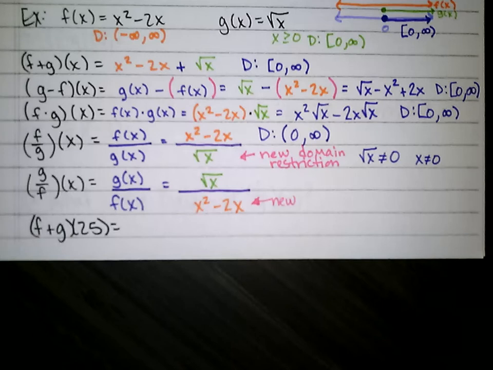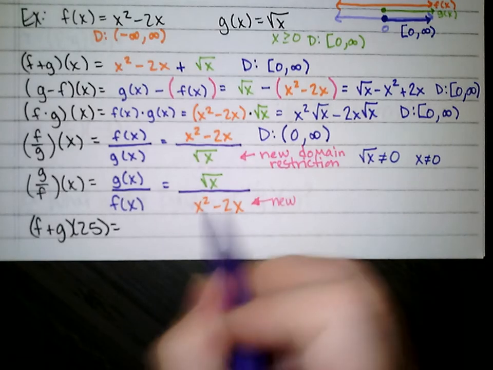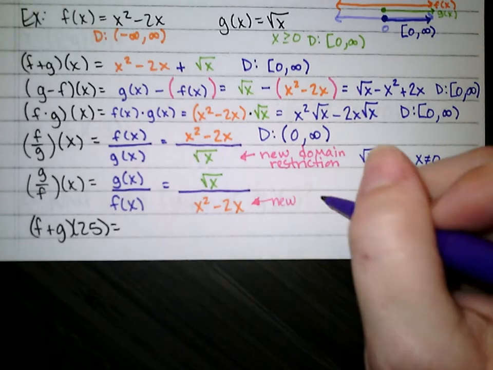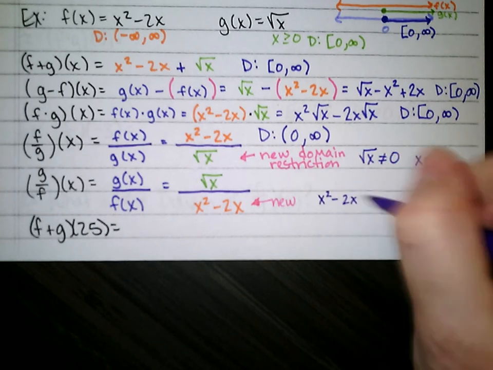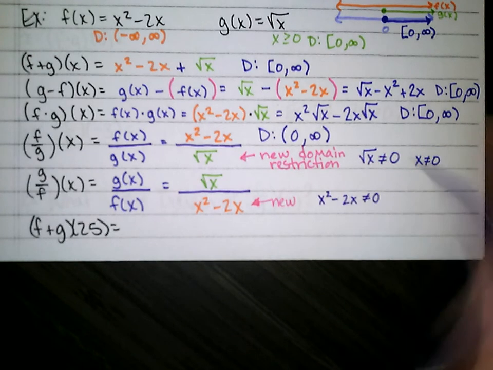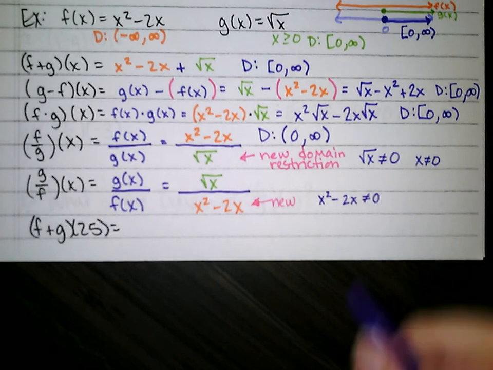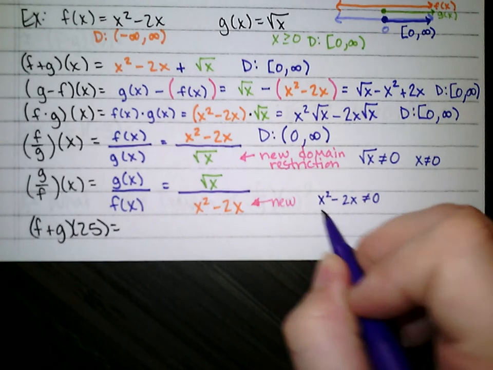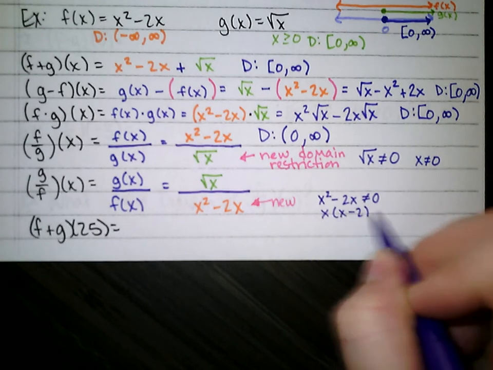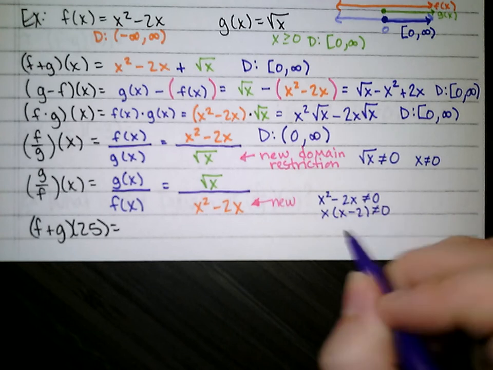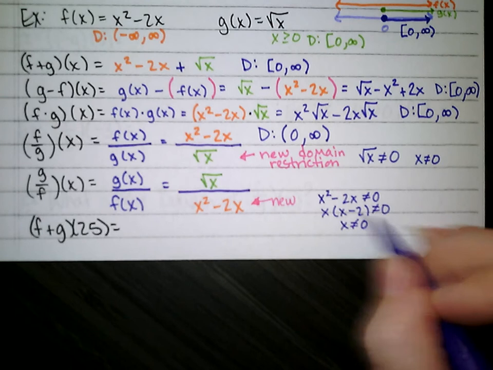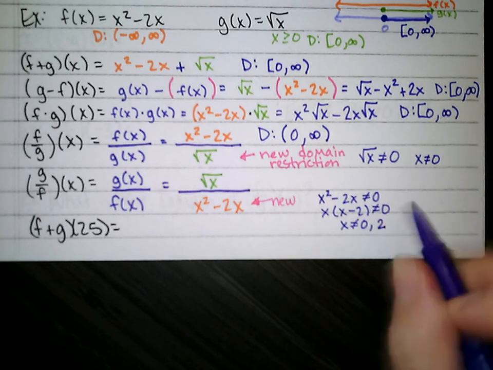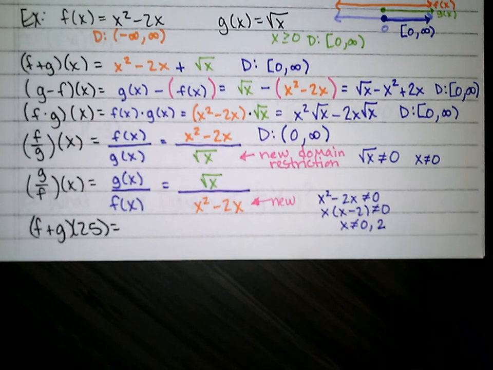So I need to use my denominator strategy, which is to set the denominator not equal to 0, like we did up here. And when we solve this, we're going to need to factor. So x times x minus 2 cannot equal 0. So now I am getting x cannot equal 0 from here, and x cannot equal 2 from that one.